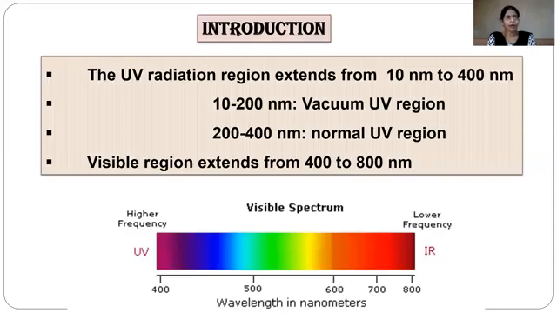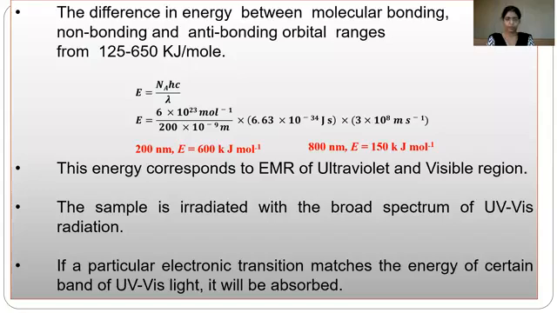Now, why ultraviolet and visible together? These are two different regions of electromagnetic radiation, and they are studied together because the effect of these radiations on the molecule is the same. That means both ultraviolet and visible radiations are responsible for the electronic transition in the molecule, which depends on the difference in energy between the molecular bonding, non-bonding, and anti-bonding orbitals.